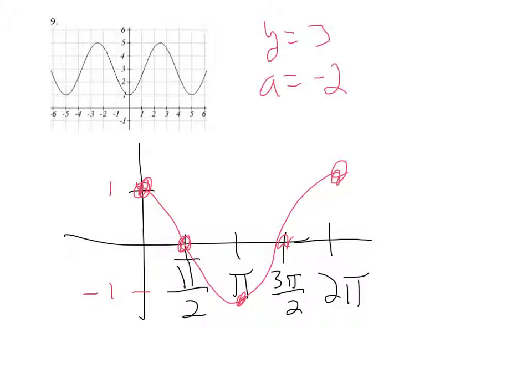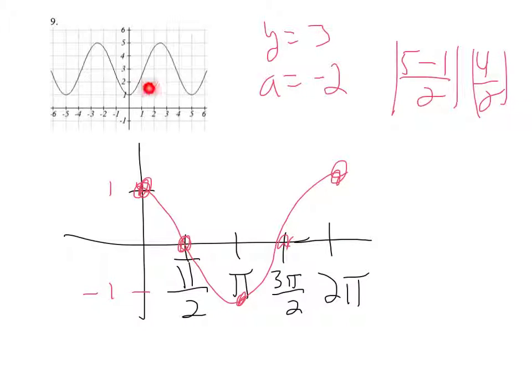If I do the max minus the min for the amplitude, I'm seeing a max of 5 and a min of 1. So 5 minus 1, max minus min, divided by 2, the absolute value of that is 4 over 2, which is 2. Okay, so that checks what I was saying.